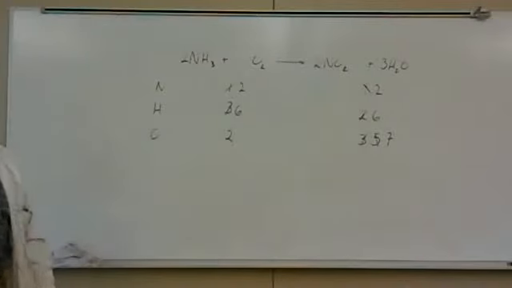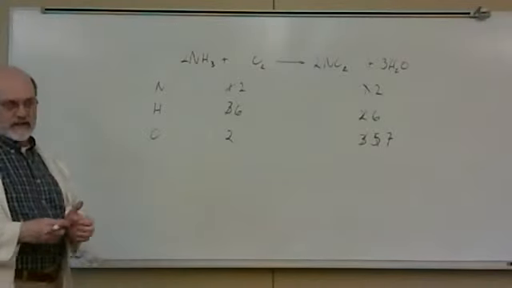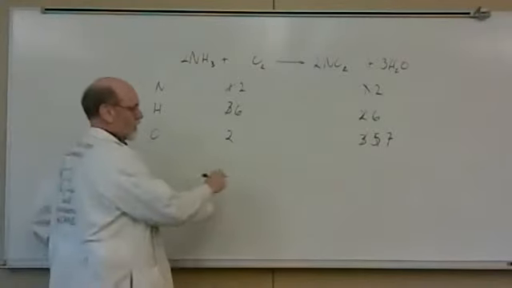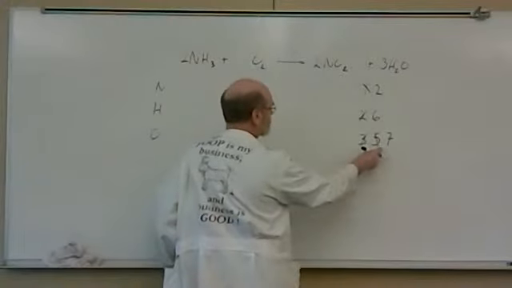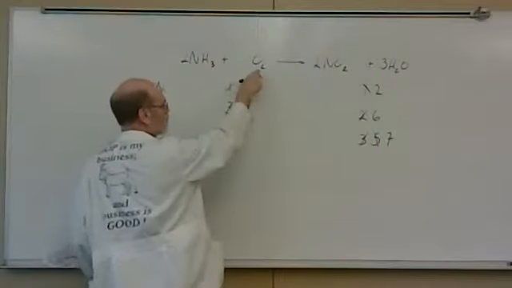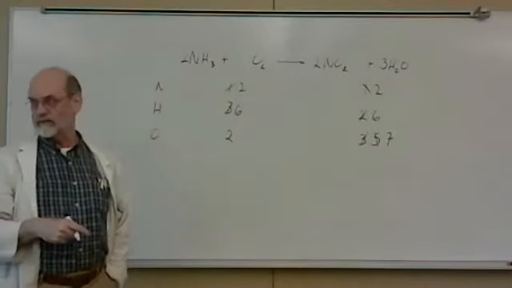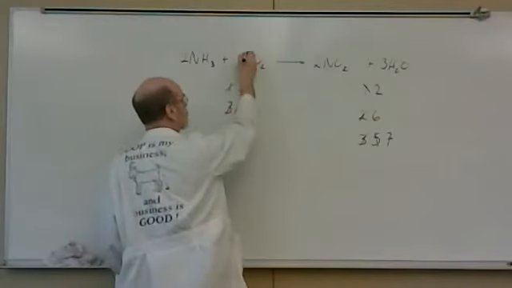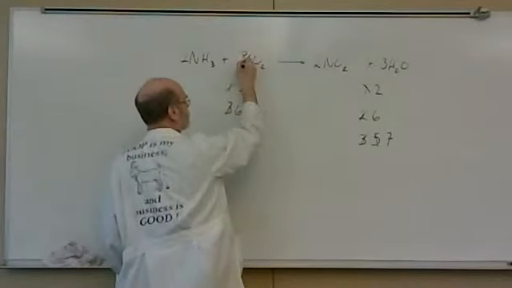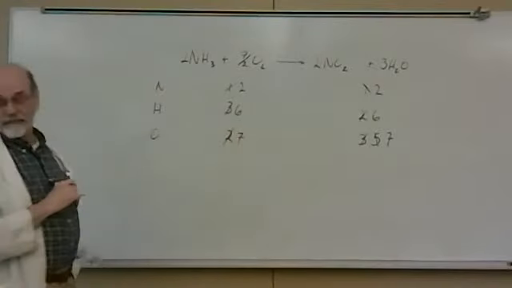So, time for our second trick. Use a fractional coefficient as an intermediate step, right? Because you need 7 oxygens over here, but you've got a diatomic, and there's no way you can get 7 out of that with a whole number. Right? So we use 7 halves, right?